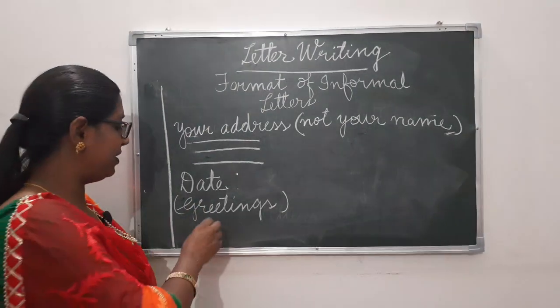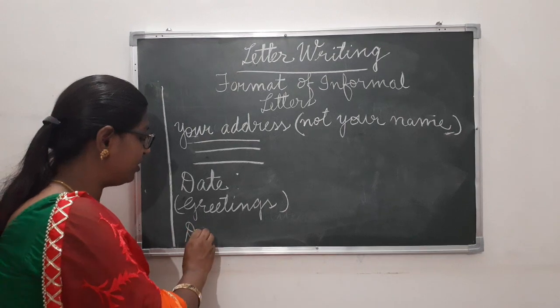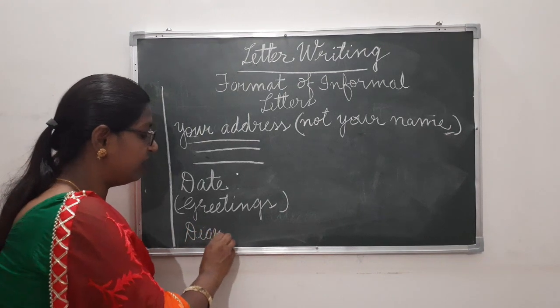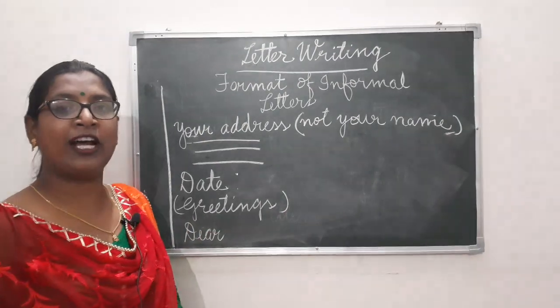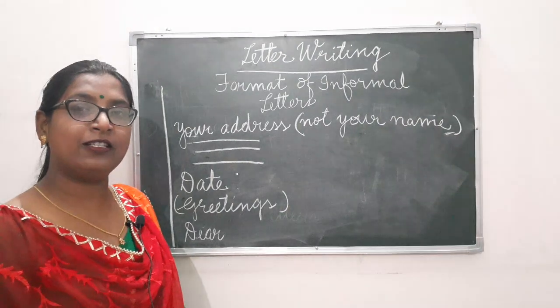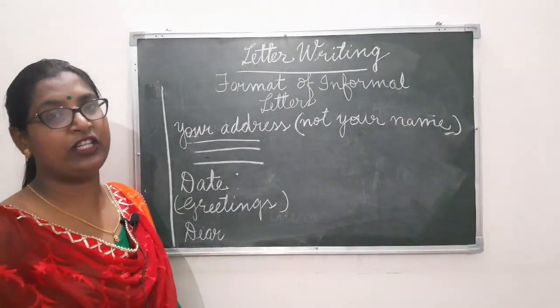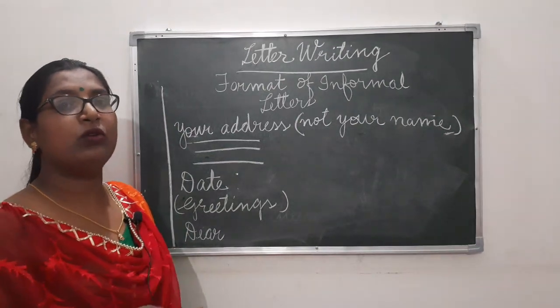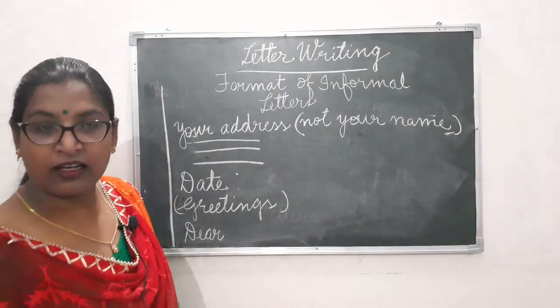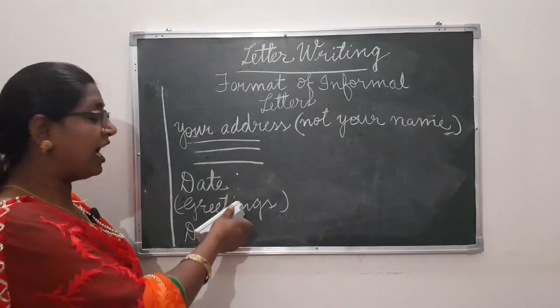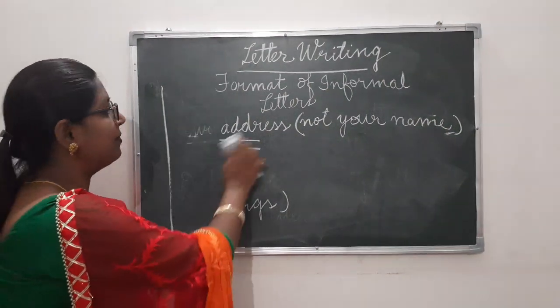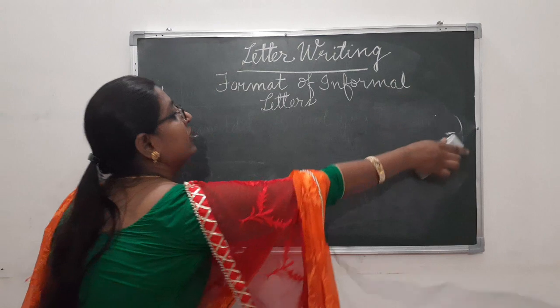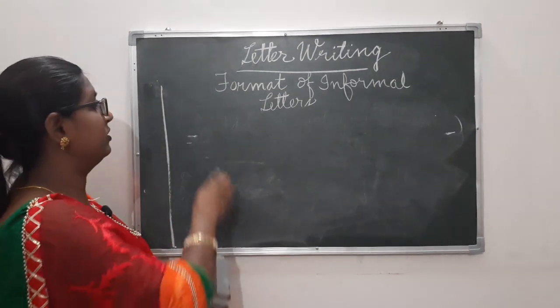In informal letters, we write salutations like dear grandpa, dear grandma, my dear friend. All these are salutations. These are the greetings to address the person to whom we are sending the letter. After the greeting comes the body of the letter.